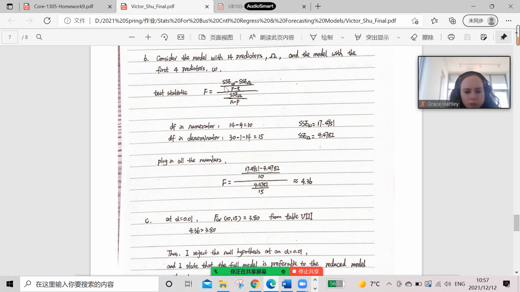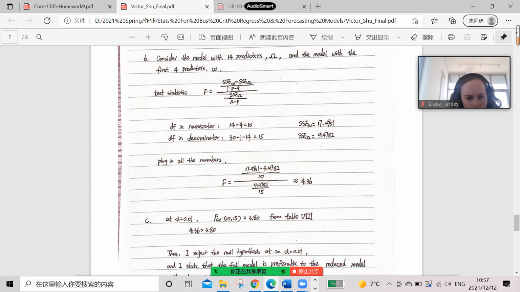Again, you know how to calculate SSE. So basically SSE omega and SSE lambda, because I have 2 models. SSE omega is the sum of squares of errors for the model with 4 predictors. You should calculate those separately, SSE lambda and SSE omega, but that's something you already know how to do.